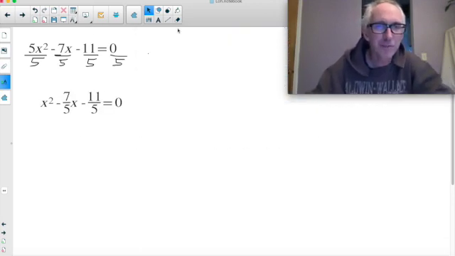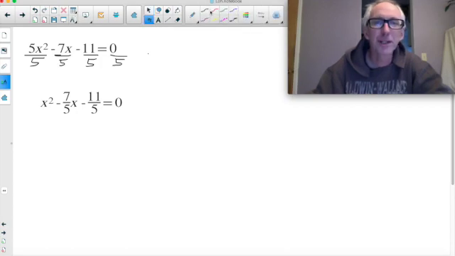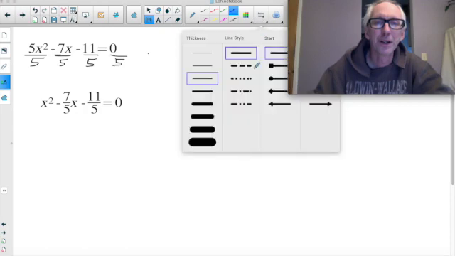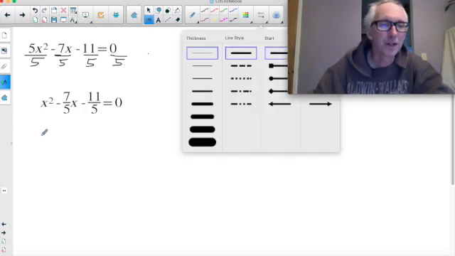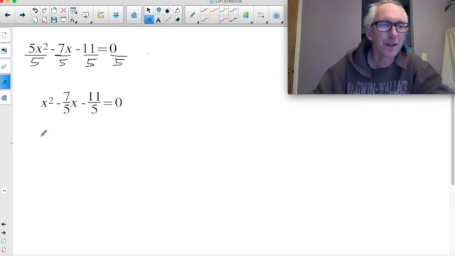Okay, now we're going to find the axis of symmetry. We can find the axis of symmetry using the original equation or this, okay?